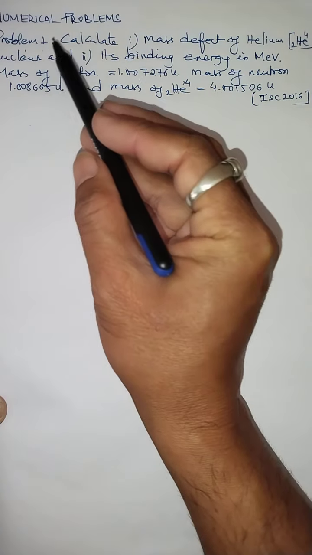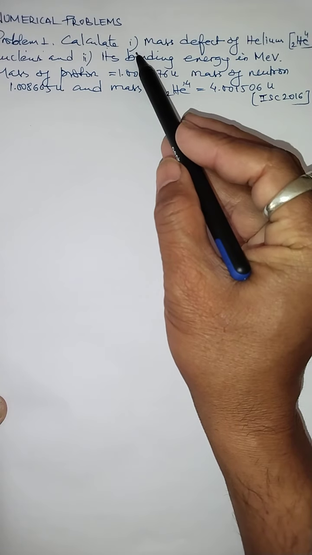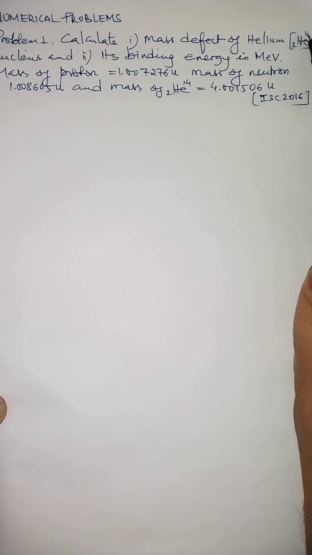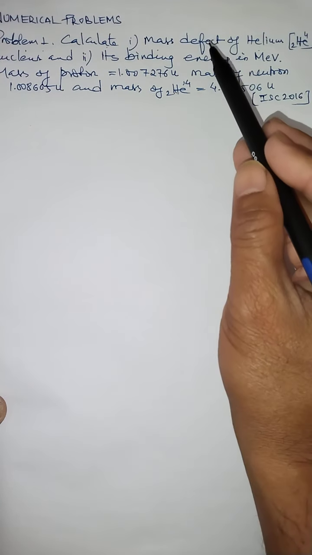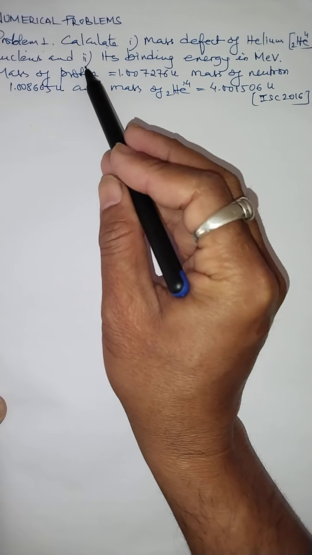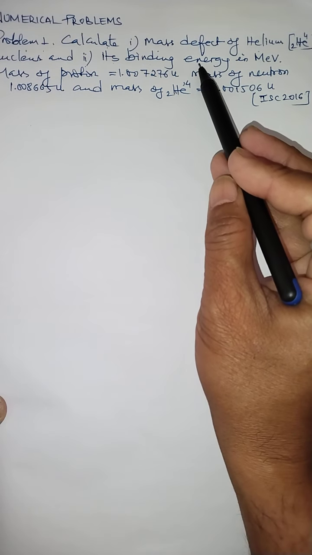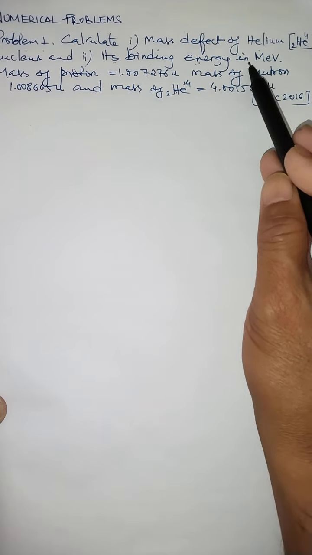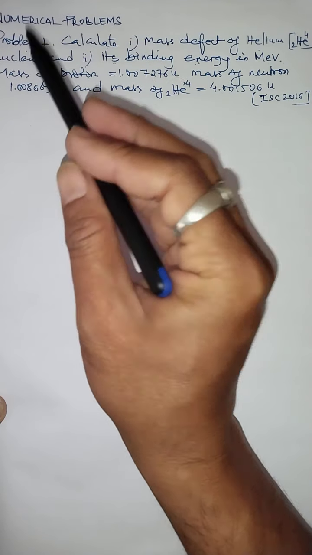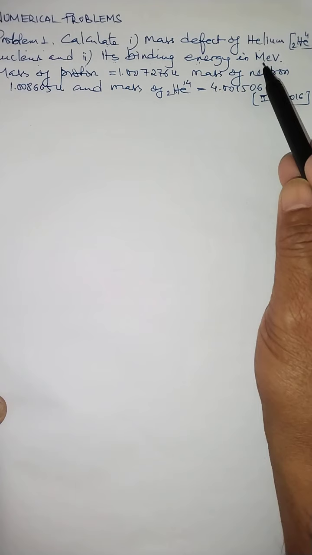Problem number 1 says: calculate the mass defect of the helium He2 nucleus, and second, its binding energy in mega electron volt. So we calculate the mass defect, and after that the binding energy.